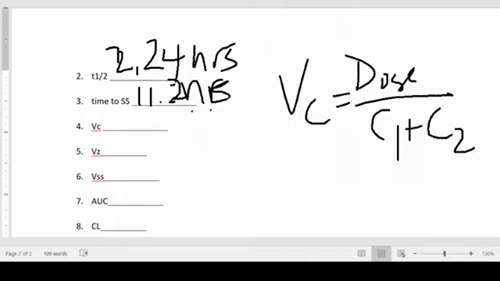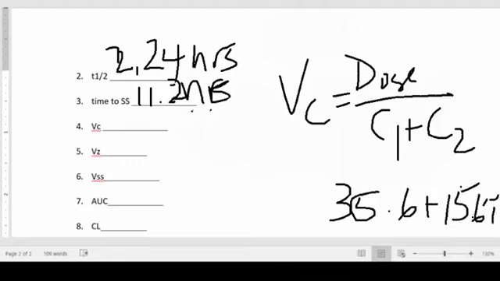Let me see if I wrote this down somewhere. Hang on, if I can find that little piece of paper. Okay. Our C1 I think is 35.6 and our C2 is 15.64.